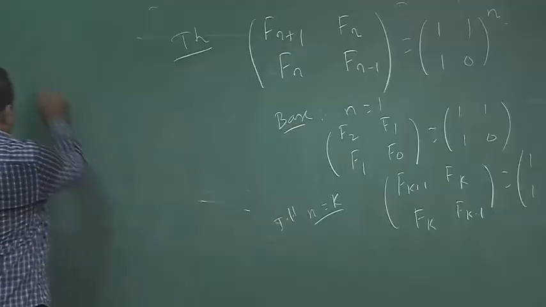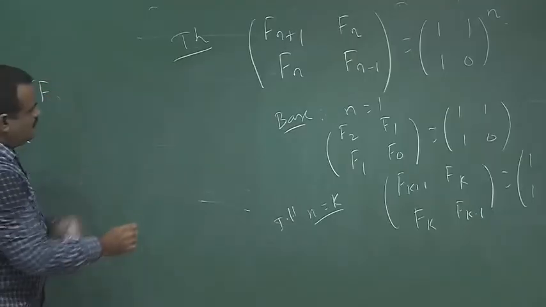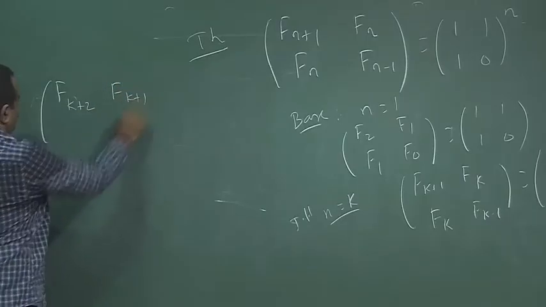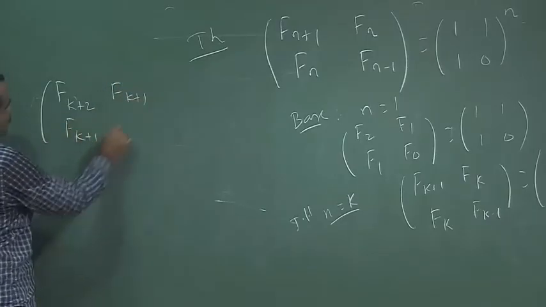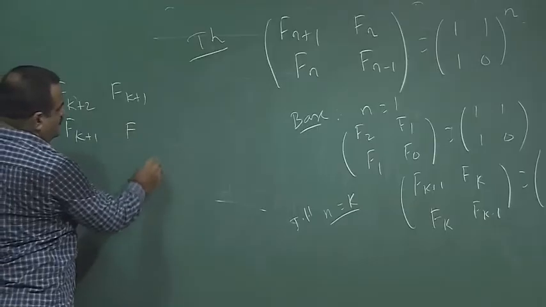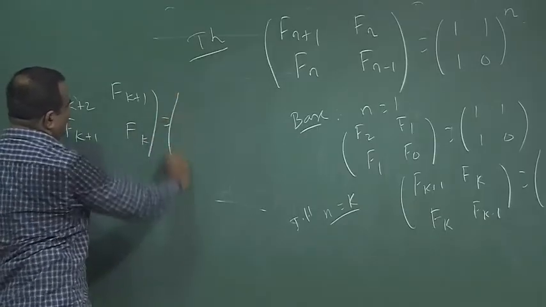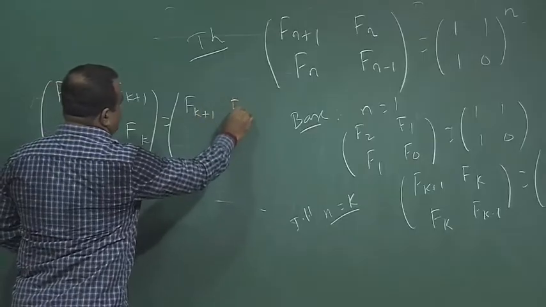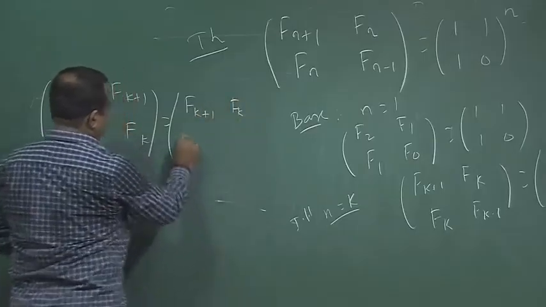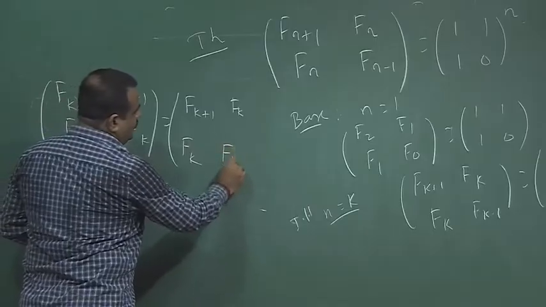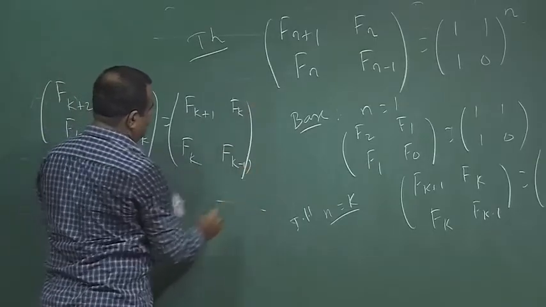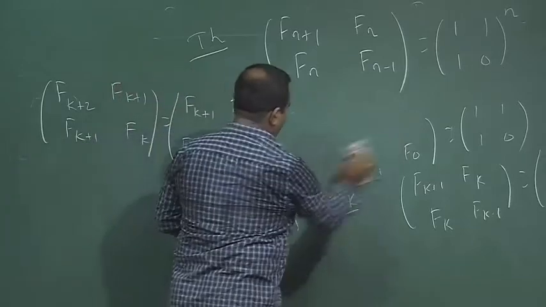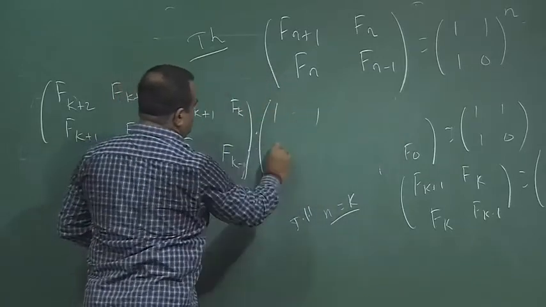For that we can just use this. [F(k+2), F(k+1); F(k+1), F(k)] can be written as [F(k+1), F(k); F(k), F(k-1)] into [1 1; 1 0].